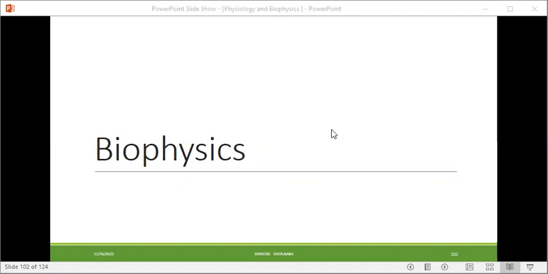Biophysics questions are the easiest in the exam, and I call it easy marks. So please, I don't want any of you to lose those marks. Usually, they ask you about either definitions or side effects or complications, or some basic information about radiation dose and so on.